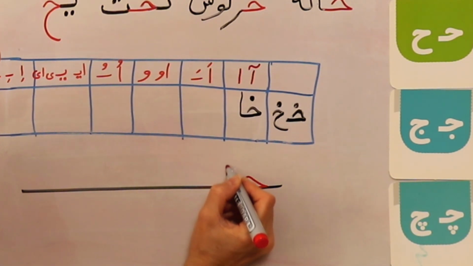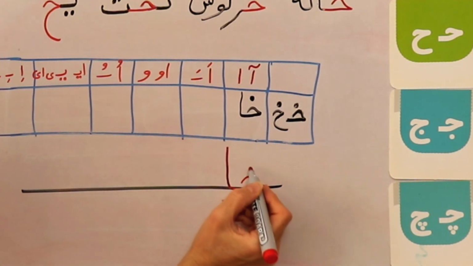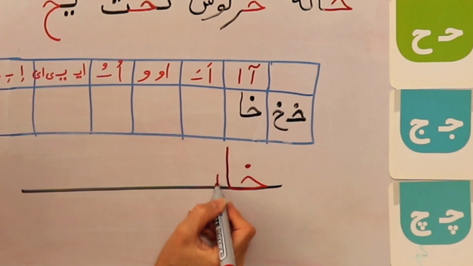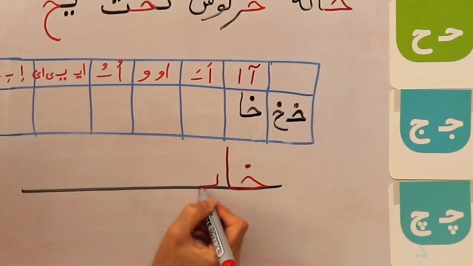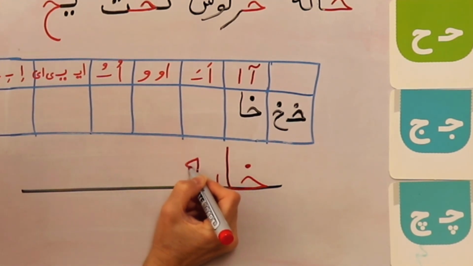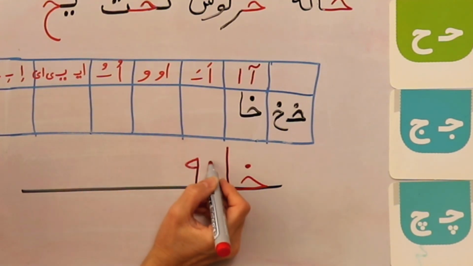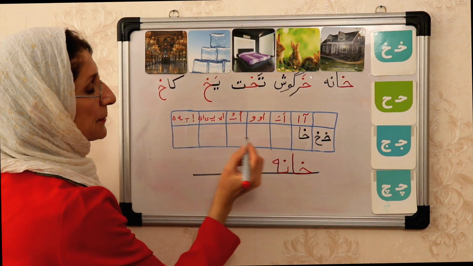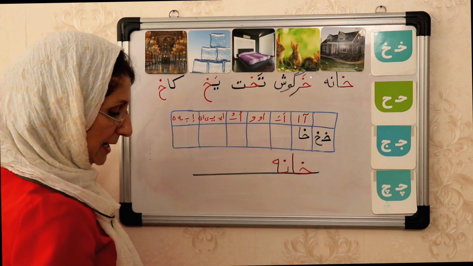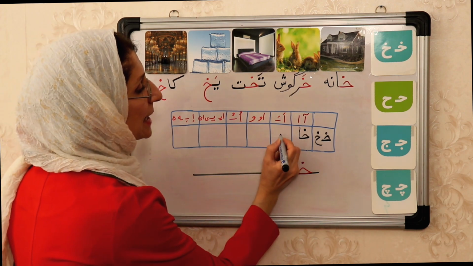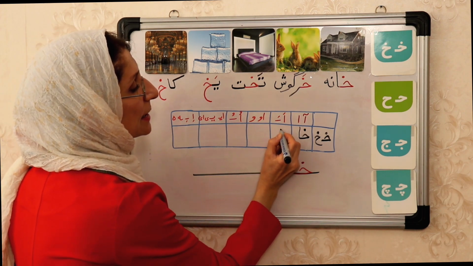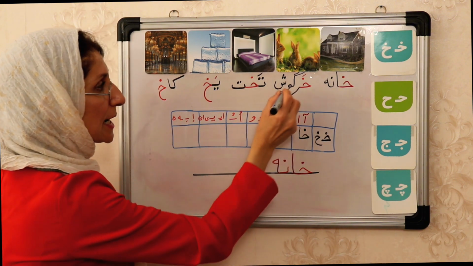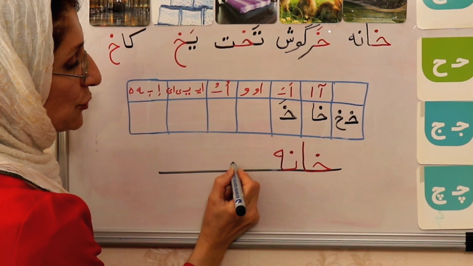Look, we write the whole form of khe and a and then put the dot. Then we write the whole form, the tooth for ne, then the final a, connected, and the dot for ne: khane. And we have khe and a, kha, like khargoosh.